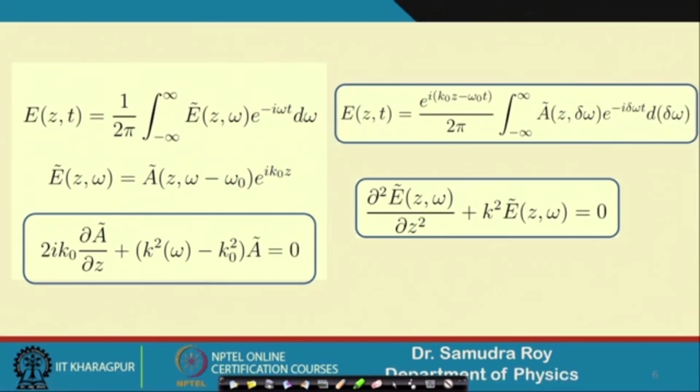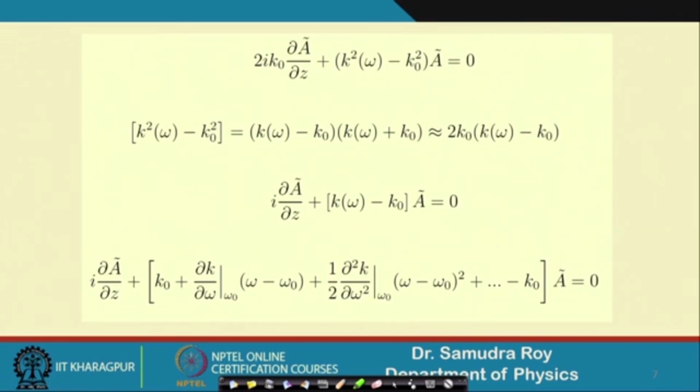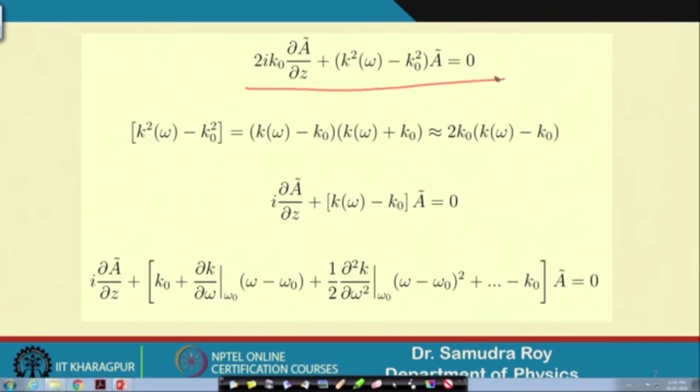Well, let us see how to solve this equation. We had our differential equation in our hand, which is this. This is basically the envelope equation, but we are going to simplify it a little bit. So, we have the term k squared of omega minus k 0 squared. I can write this as k minus k 0 multiplied by k plus k 0, so I can write it as 2 k 0 times k omega minus k 0, because k omega and k 0 are very close to each other.